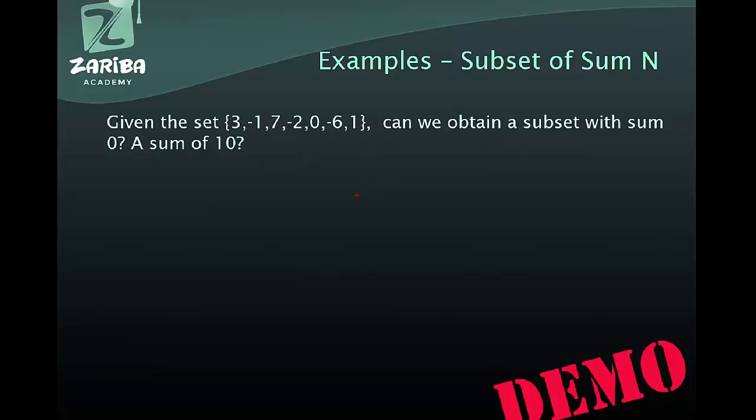So let's first discuss what's the complexity of this algorithm specifically. How many subsets are there of an n set, a set with n elements? In this case we have 7 elements. So how many checks would we have to do?